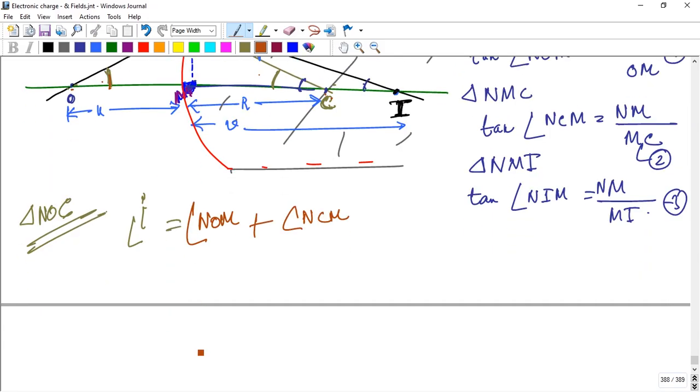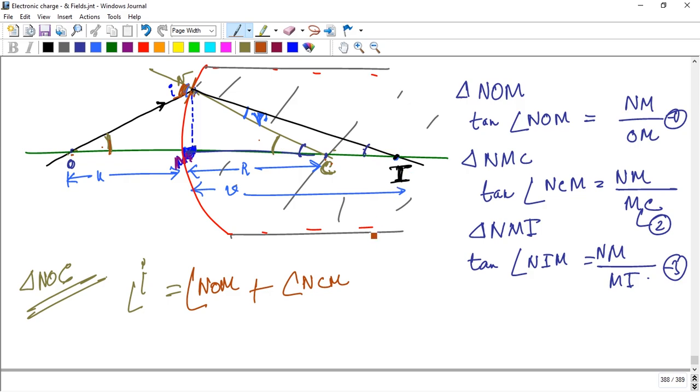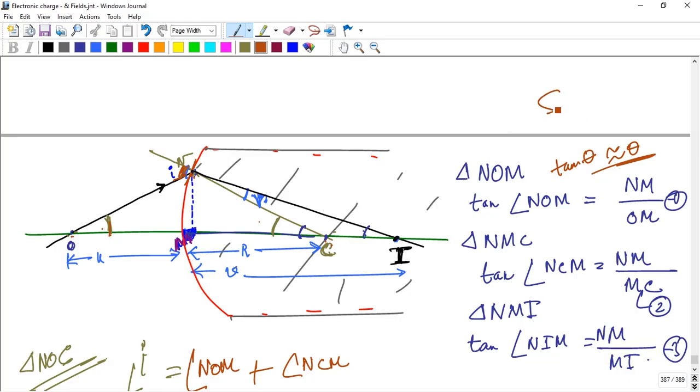And you see that for small angles, tan theta is approximately equal to theta, and it's called the small angle approximation.